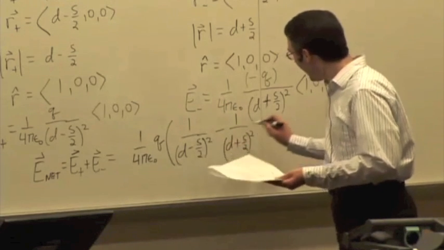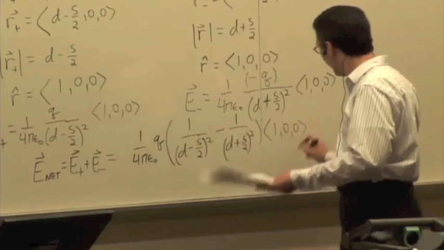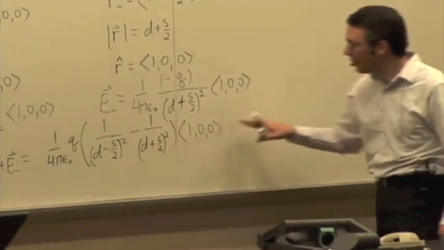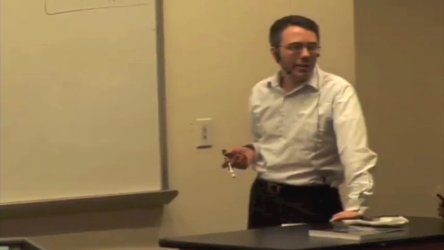And that's it for the x component, right? It's going to be in the direction 1, 0, 0, or I could write this as the x component, comma 0, comma 0. Okay, just multiply that through. Well, that's kind of a long, messy expression.